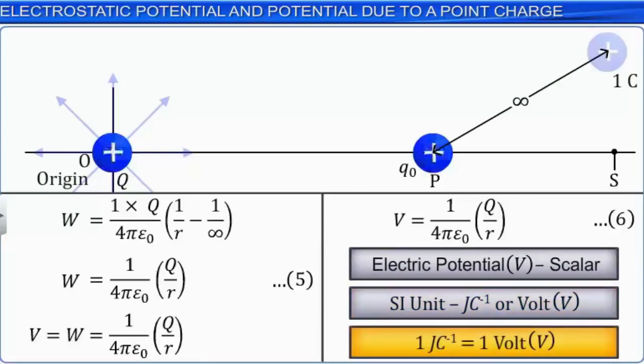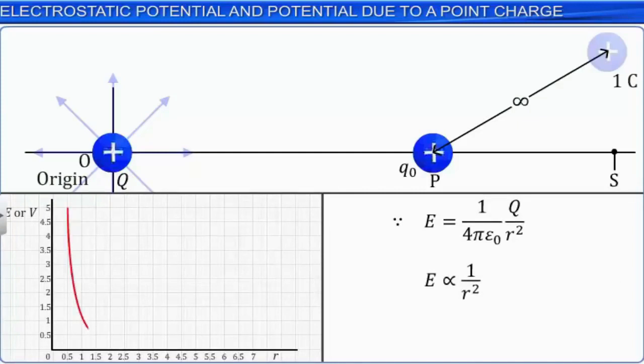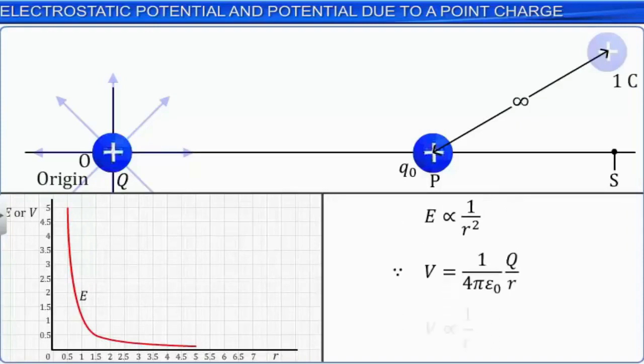We know that the electric field E of a point charge Q at a distance r from it is inversely proportional to the square of the distance r from it. The graph shows the variation of electric field E with respect to r. The electric potential V at a point in the electric field of a point charge is inversely proportional to the distance r from the charge as seen earlier.